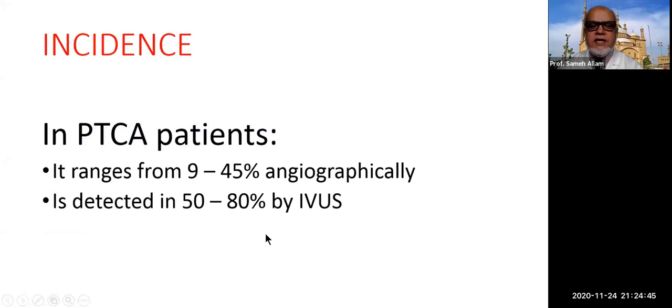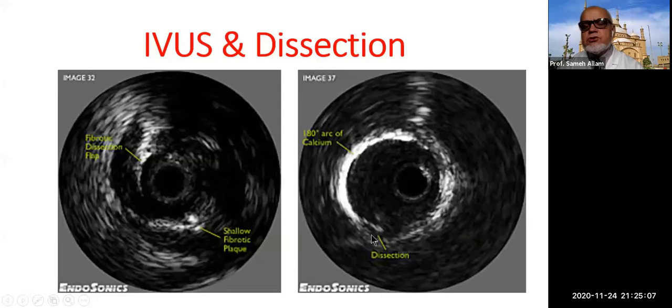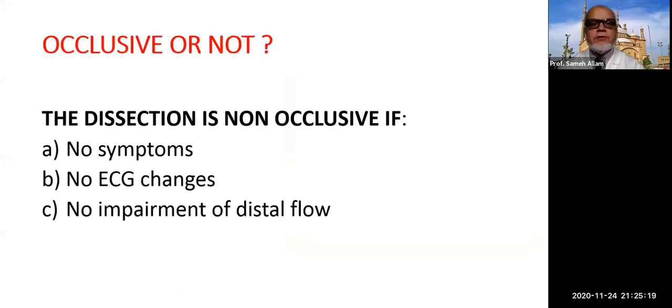During our routine daily PTCA, it is angiographically seen in up to half of the patients. If we use IVUS, 80% of the PTCA sites will show some sort of dissection. So this very small area of dissection, which could be seen very clearly by IVUS, will not show on angiography. IVUS is much more sensitive in detecting minor and smaller areas of dissection than angiography.